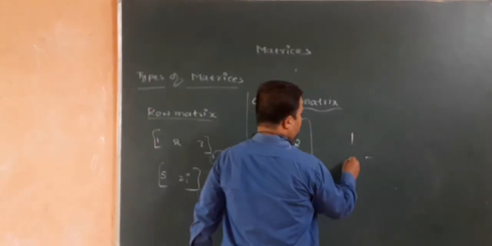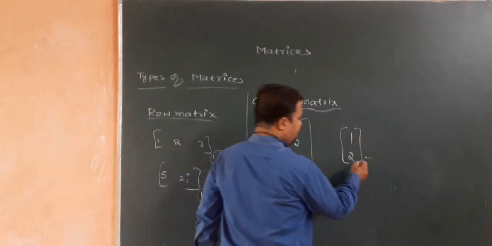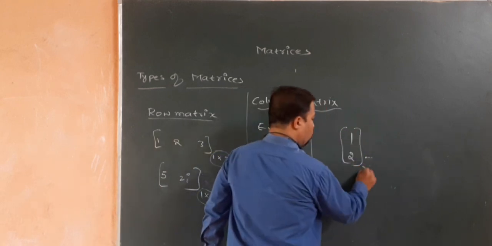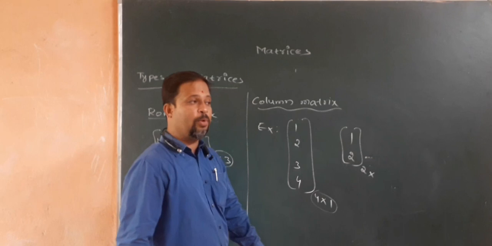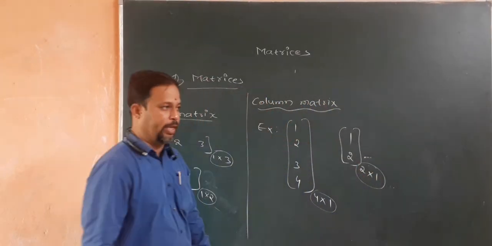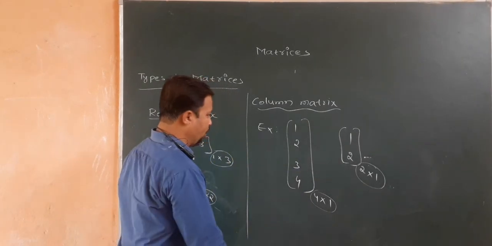I can write this one. If you take this as an example, how many rows are there? 2 rows are there, right? And what about the column? There is only one column. This is the order of the matrix, that is, number of rows and number of columns we are going to write.